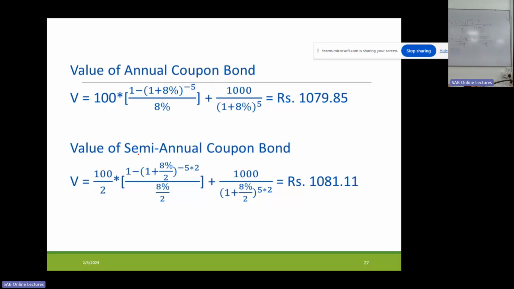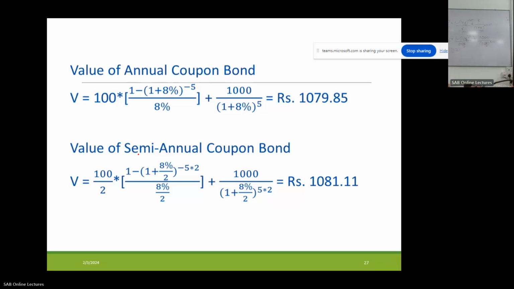If the company is paying coupon semi-annually, you wish to pay more than that: 1081. What is the reason? Same bond, same features, same time. The only difference is that the coupon is now paid semi-annually, and you are paying more than for the annual coupon bond.